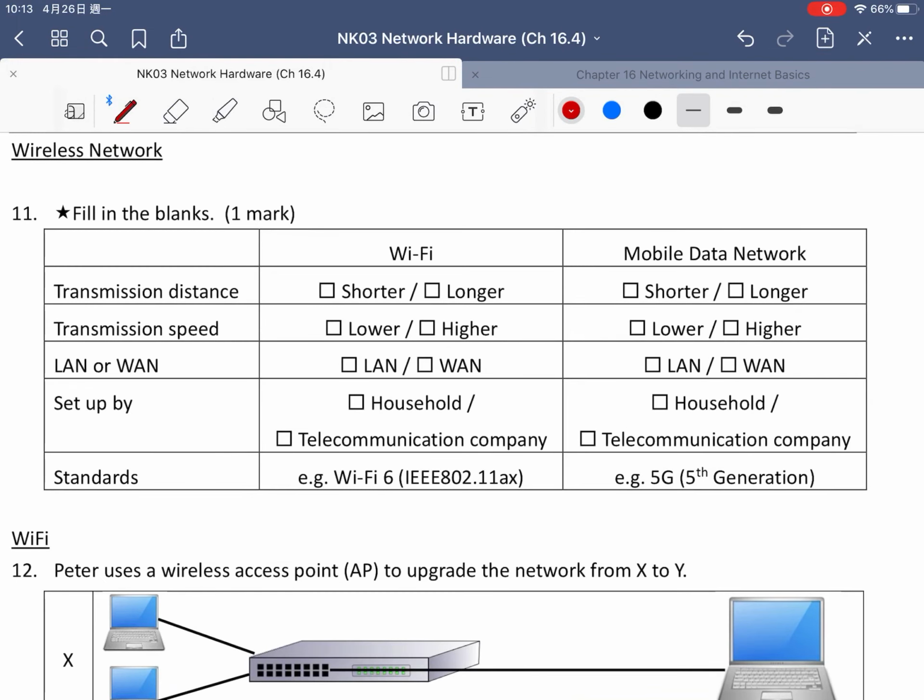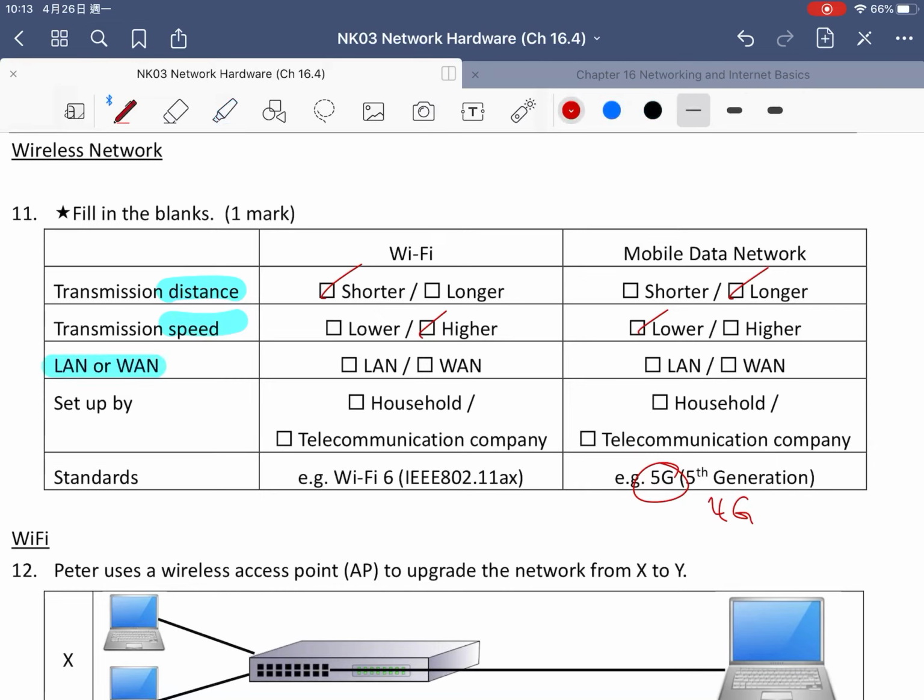Then wireless, the comparison between the Wi-Fi and the mobile data. Okay, we can do the comparison together. For the transmission distance, Wi-Fi is shorter, and mobile data network 5G or 4G is longer. And for the speed, Wi-Fi is higher, mobile data is lower.